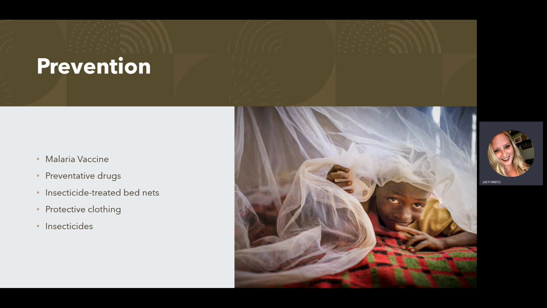Another easy way to kind of help prevent the transmission of malaria is protective clothing. So wearing longer sleeves, wearing pants, even just using bug spray, screens on windows, and doors of that nature as well.